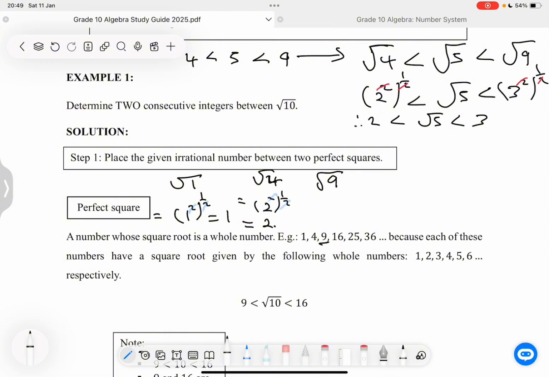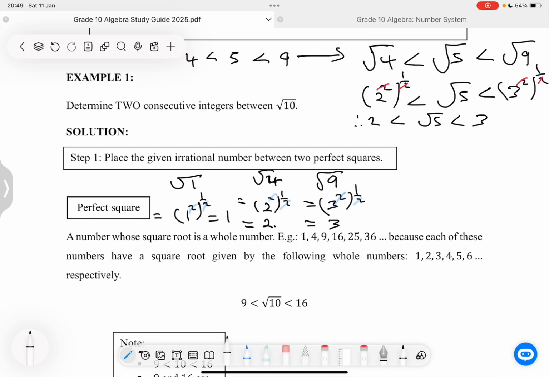If I take the square root of 9, right? We know that 9 can be rewritten as 3 to the power 2, so that now here I have the power of 1 over 2, and these would cancel each other, and I'm going to be left with 3 there, right?